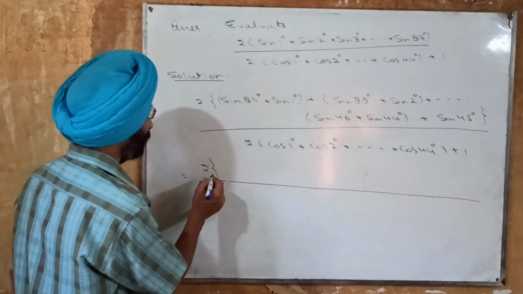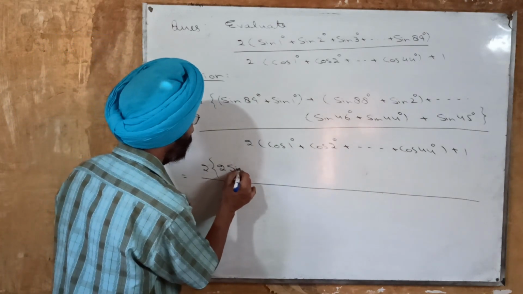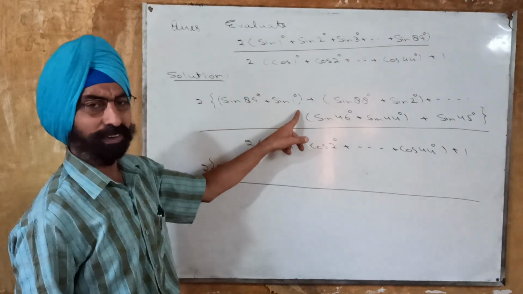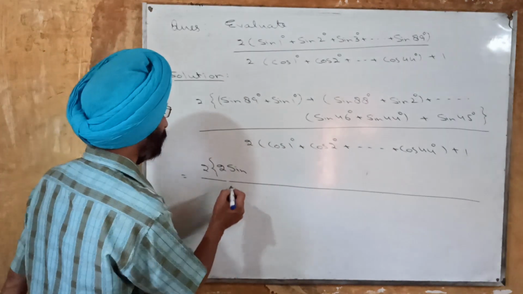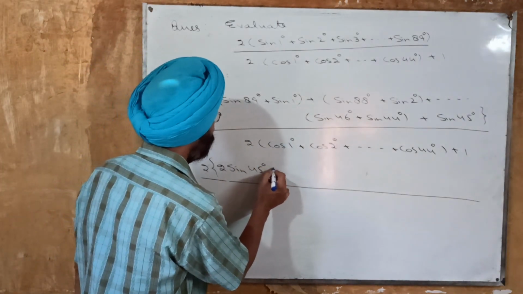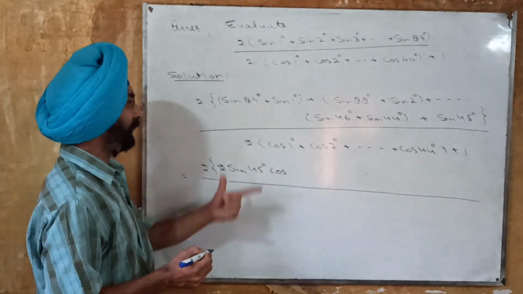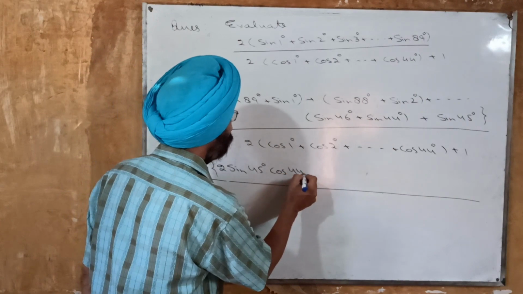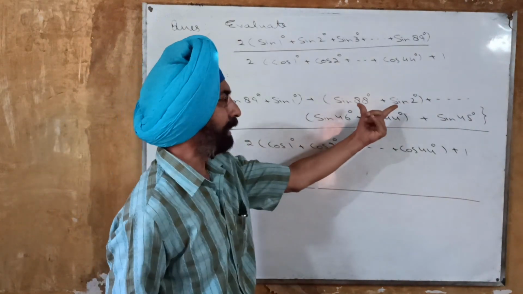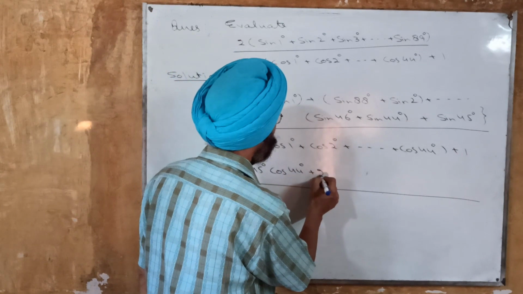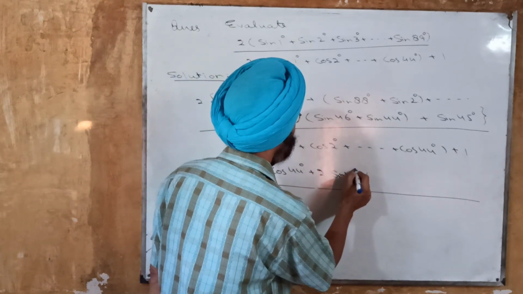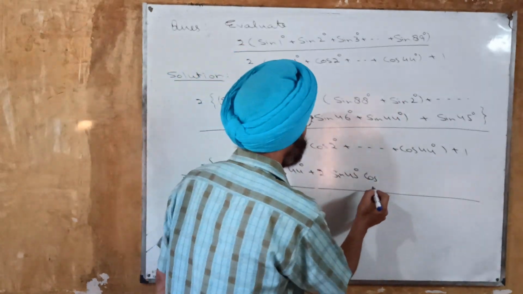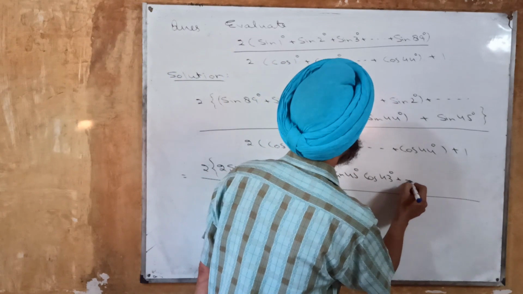So applying the formula here, it is 2 sin of the sum of the angles divided by 2. The sum of the angles is 89 plus 1, 90, divided by 2 is 45 degree. So 2 sin 45 degree, and then cos of the difference divided by 2. The difference is 88, divided by 2 is 44 degree, plus, similarly the second bracket, it is 2 sin 45 degree cos, the difference is now 86, divided by 2 is 43 degree, plus and so on.